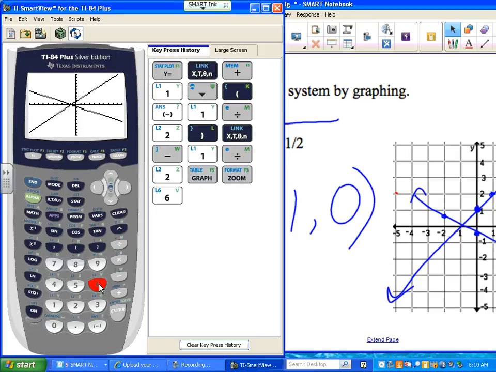Probably because you use the minus button instead of the negative button. Guys, please quit kicking that, Zach. Okay, anyone else is not graph? Well, yeah, but your graphs do. All right, what happened, Doug?